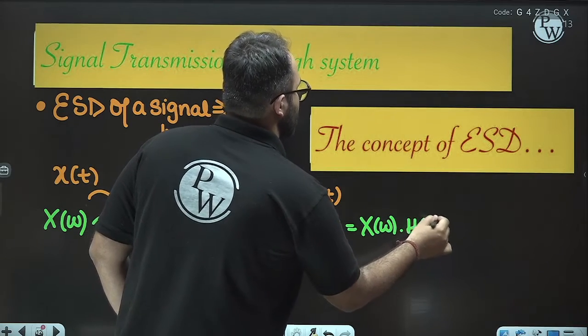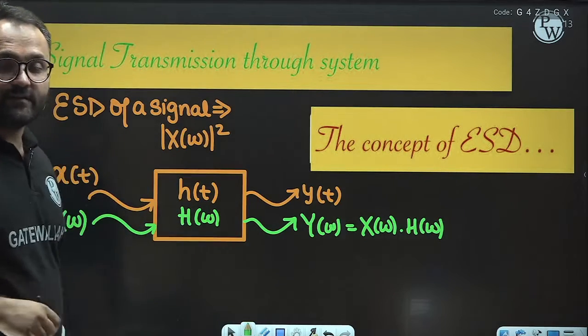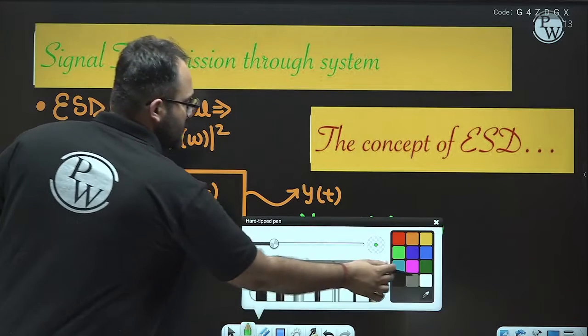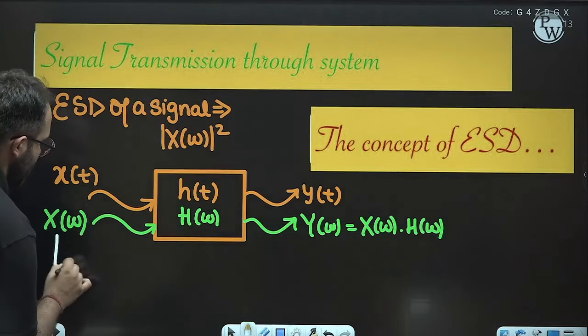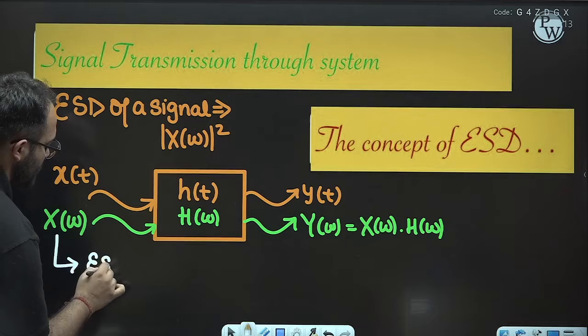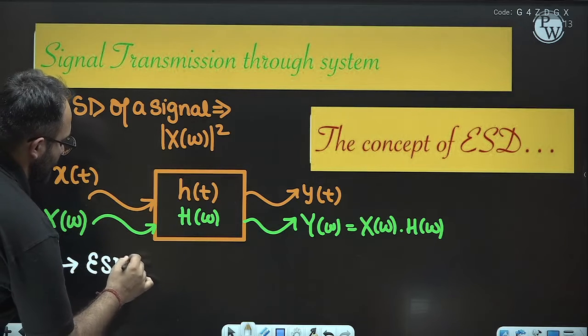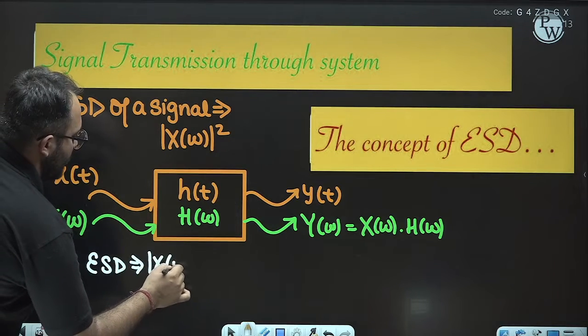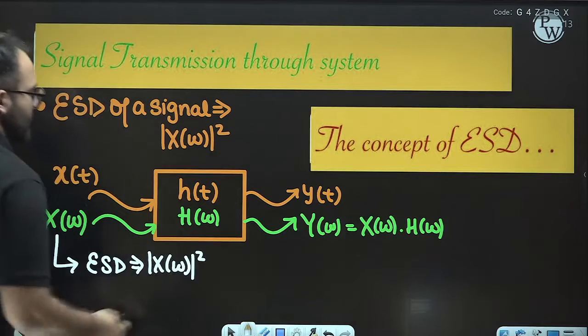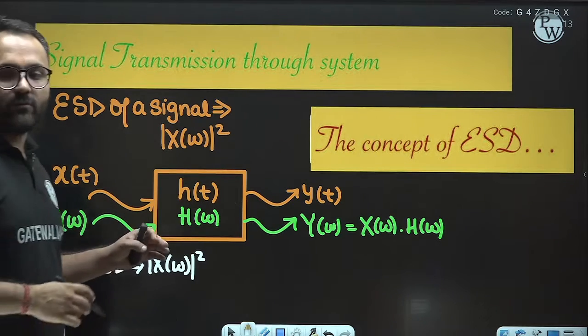Now the energy spectral density of input will be mod of X omega whole square, right? The energy spectral density is Fourier transform mod square.